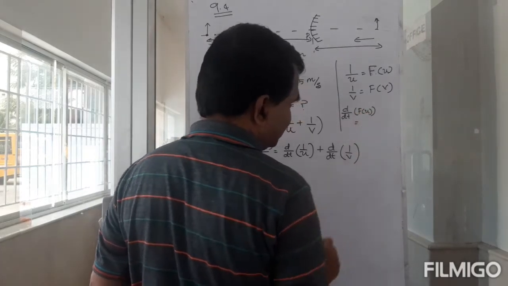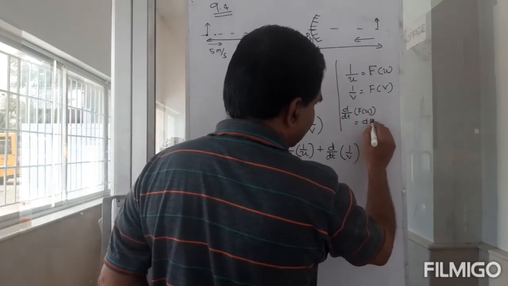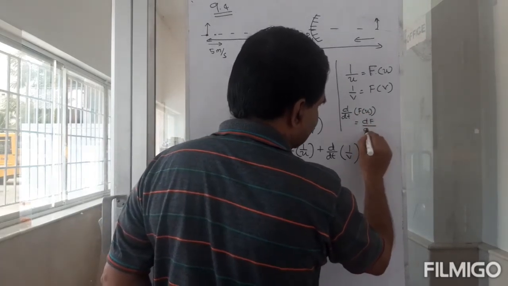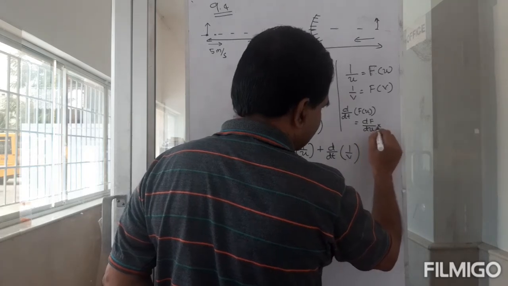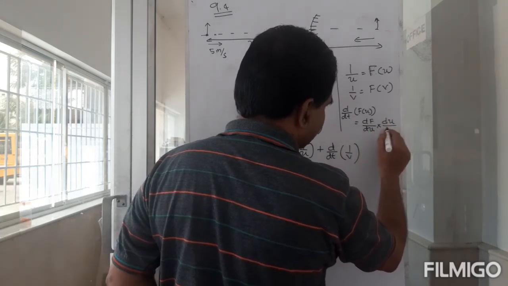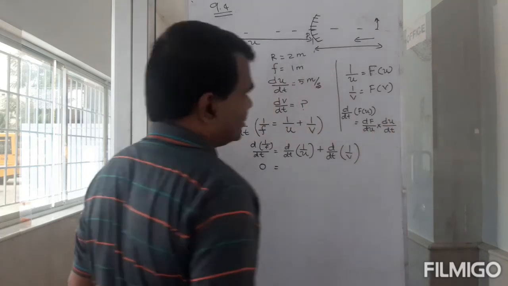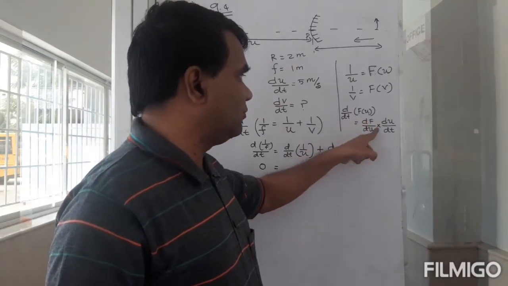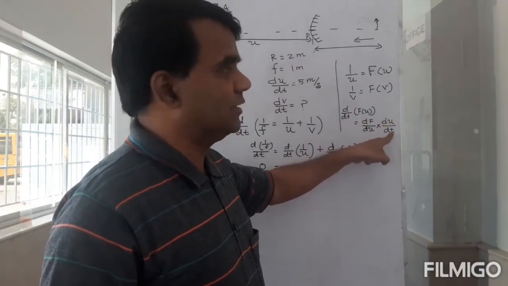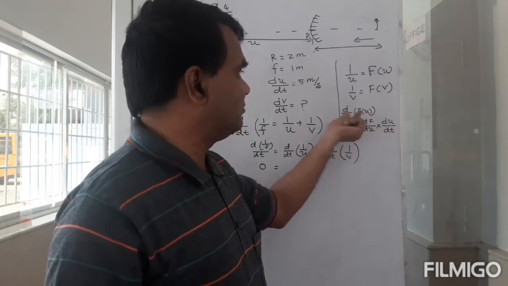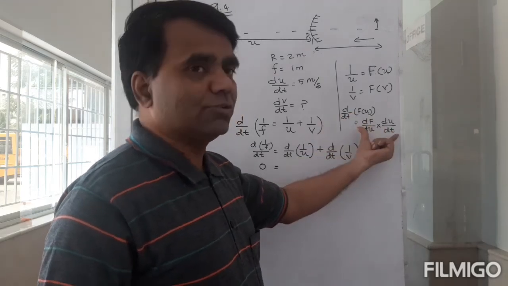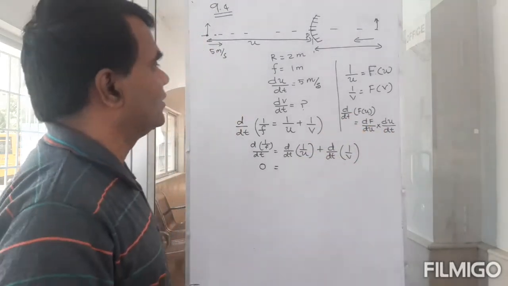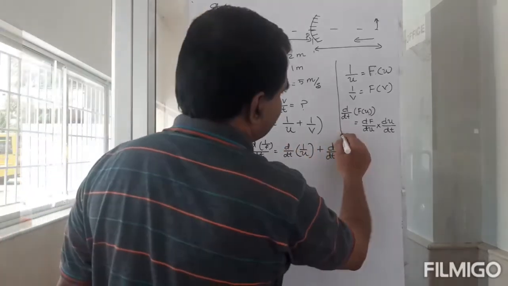This is equal to df by du into du by dt. So df by dt is actually df by du into du by dt. The du and du cancel, and then df by dt is what you get. This is what you know from your maths, so that's what we're going to use here.